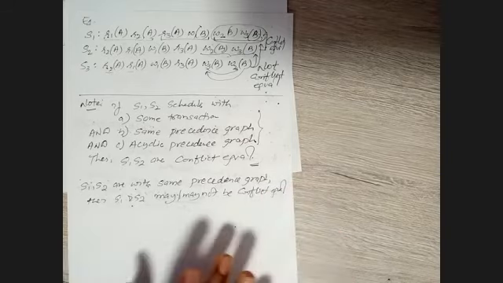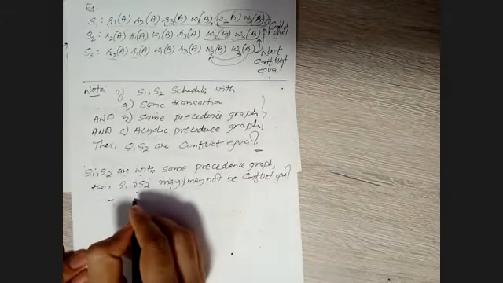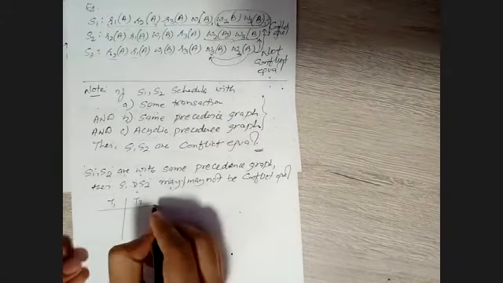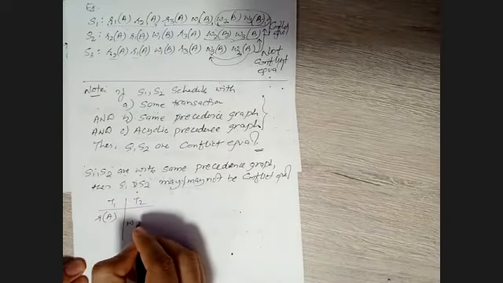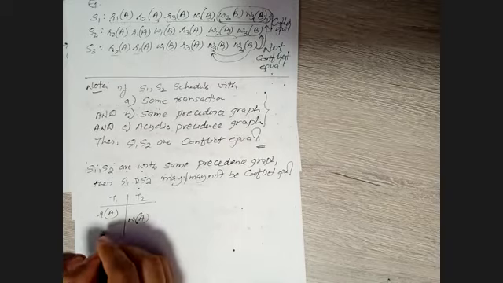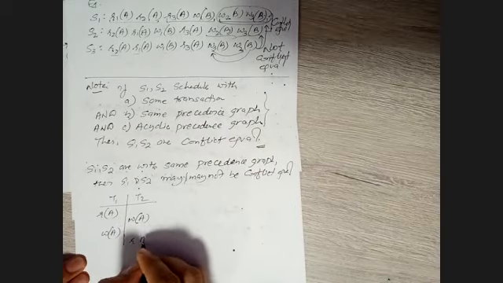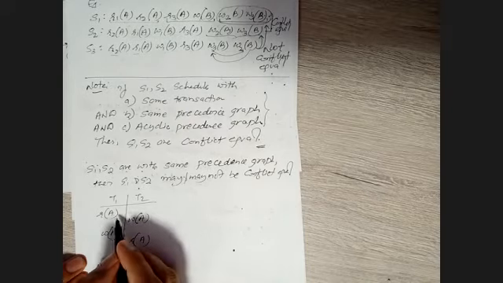Not every time, because let's say I have a schedule with T1 and T2 transactions. I have read of A, then write of A, then write of A and then read of A. This is the execution flow, right?